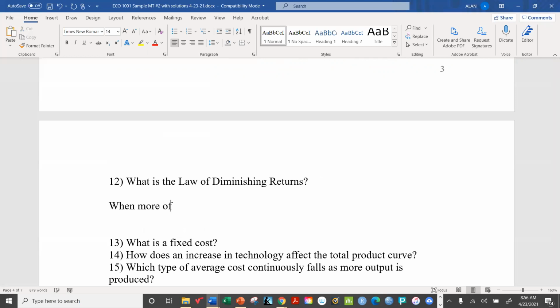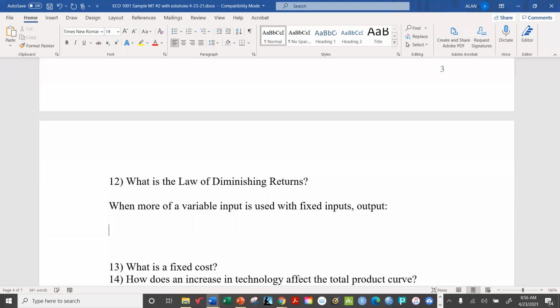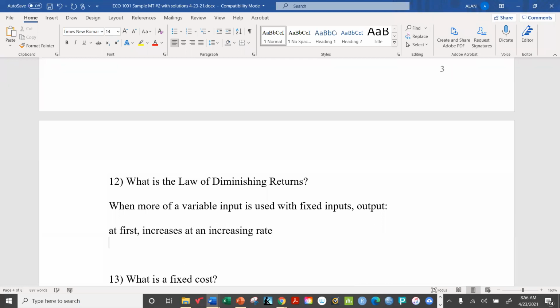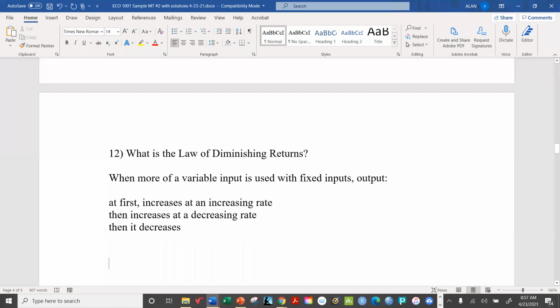So when more of a variable input is used with fixed inputs, output at first increases at an increasing rate, then increases at a decreasing rate, then it decreases. Okay, so there's three stages.